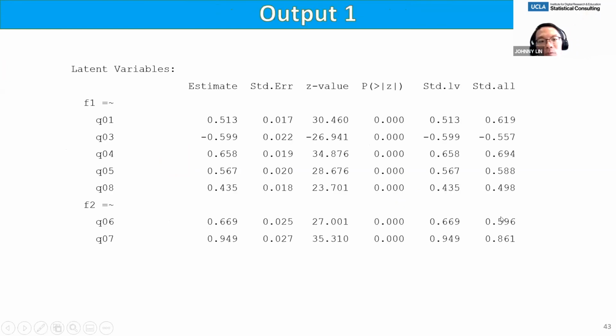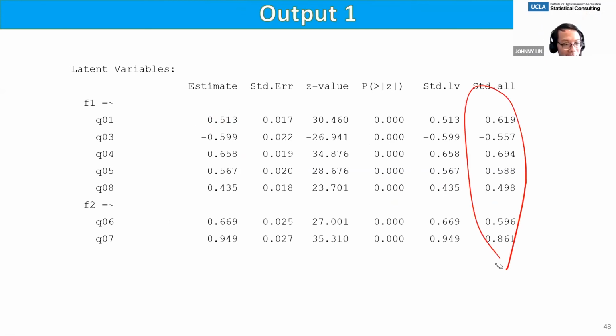Okay, so basically, we know that this isn't marker method, right? Because the variance isn't, and the loading isn't 1. I just like looking at this, honestly. This is the only column that I really look at when I look at CFA right here.